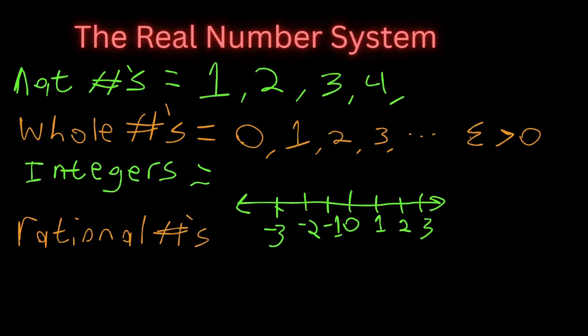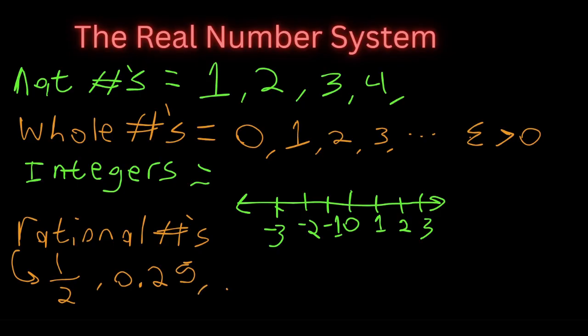Okay? And rational numbers are numbers that can be expressed as a fraction, or numbers with a terminating decimal, such as 0.25.